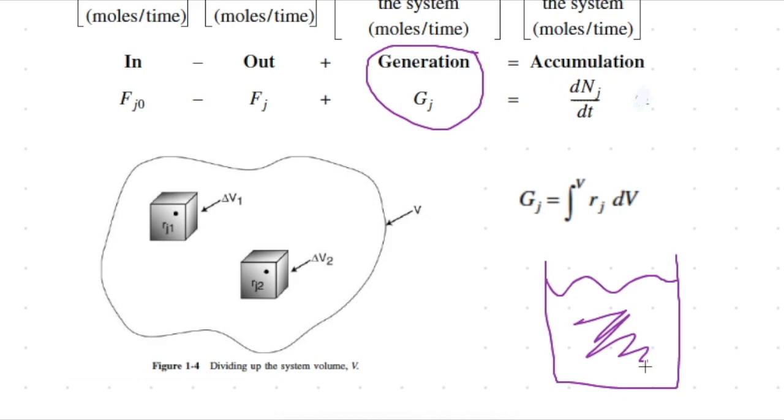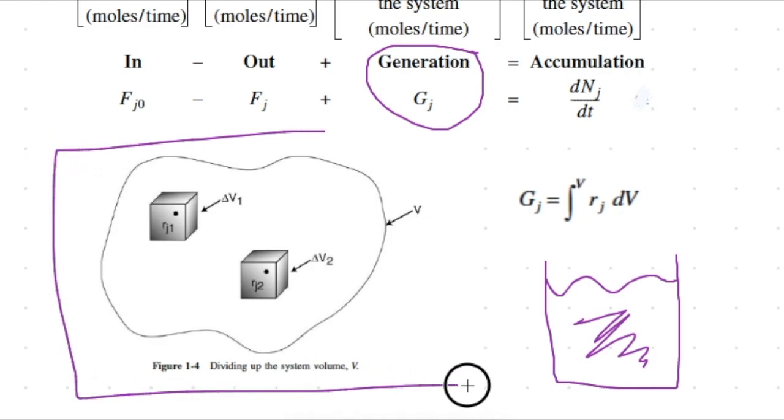And sometimes if they don't tell you, or if you can't assume that your reactor is perfectly mixed, then you might come across the situation where at different points inside your system volume, so say this was our reactor, at different points inside your reactor, the rate of the reaction is going to be different, which means the rate of generation of moles of chemical species J is also going to be different.